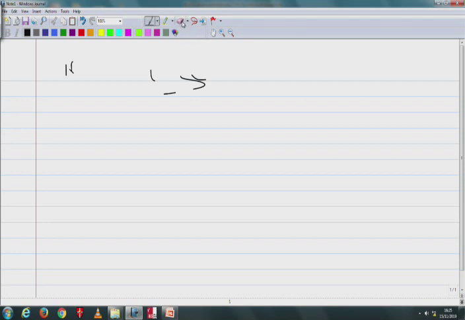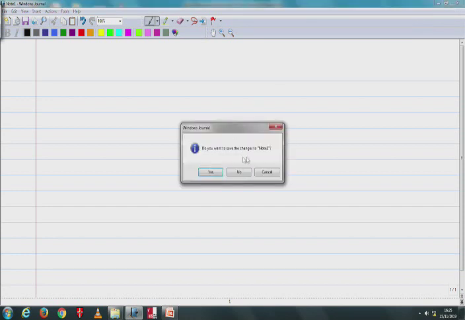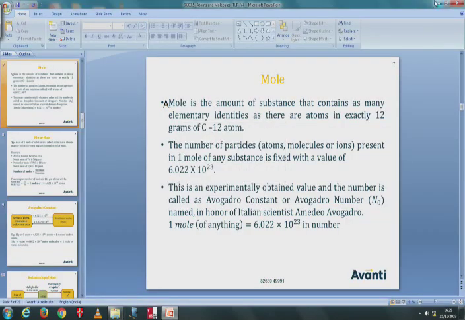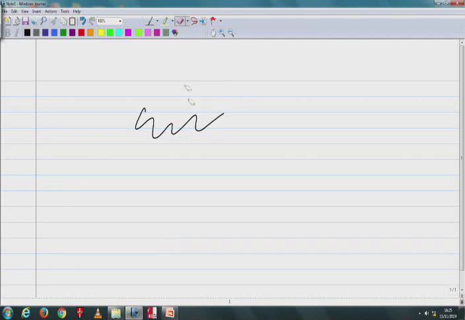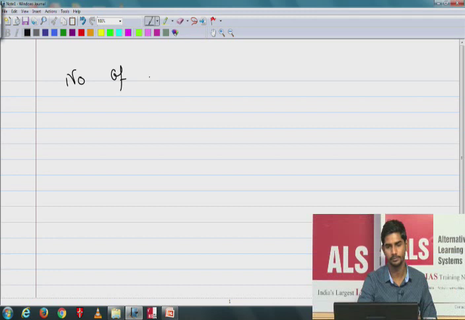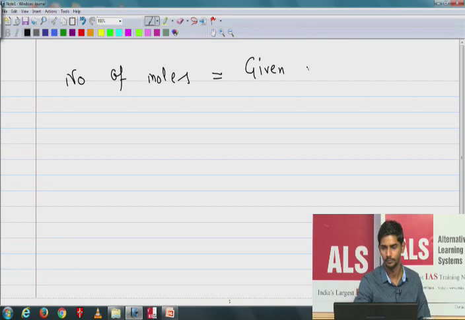Number of moles is actually given mass upon molar mass.